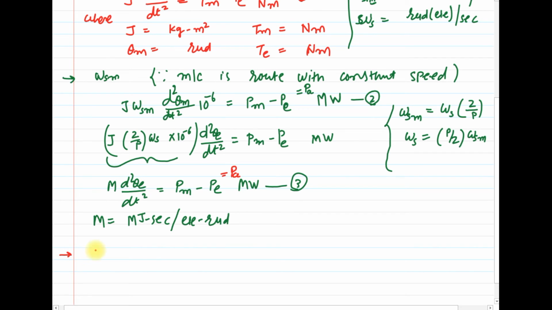But now we have to calculate the angular position with respect to synchronously rotating reference frame. That means the angular position of rotor with respect to synchronously rotating reference frame.